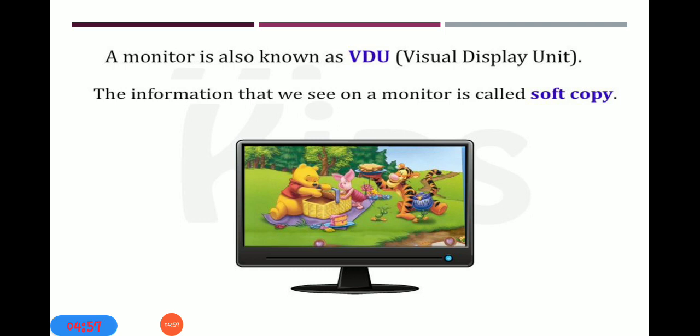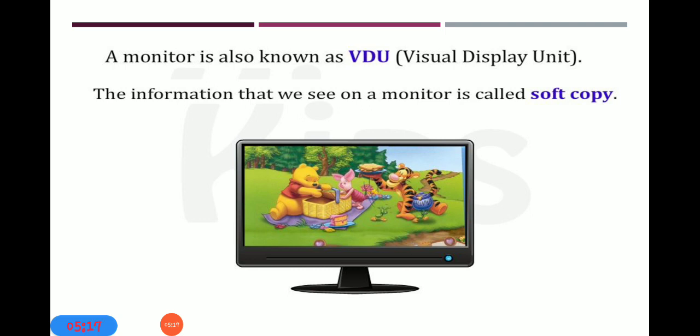Whatever work you are doing in a computer is visually displayed with the help of the monitor. Either you are entering a word or drawing or doing any kind of thing in a computer system, it is visually displayed on a monitor.